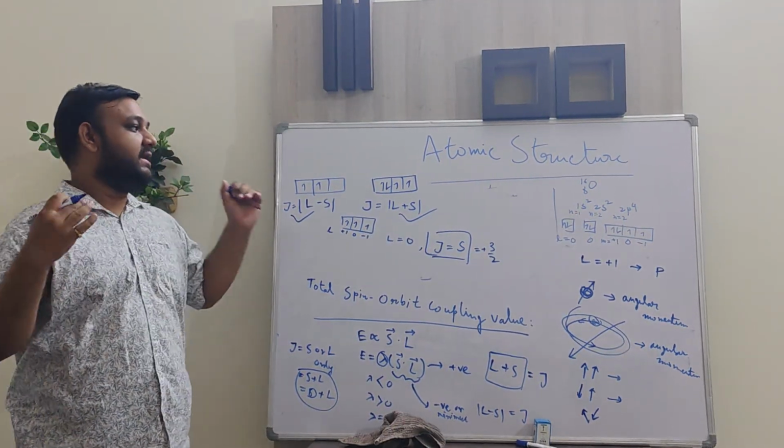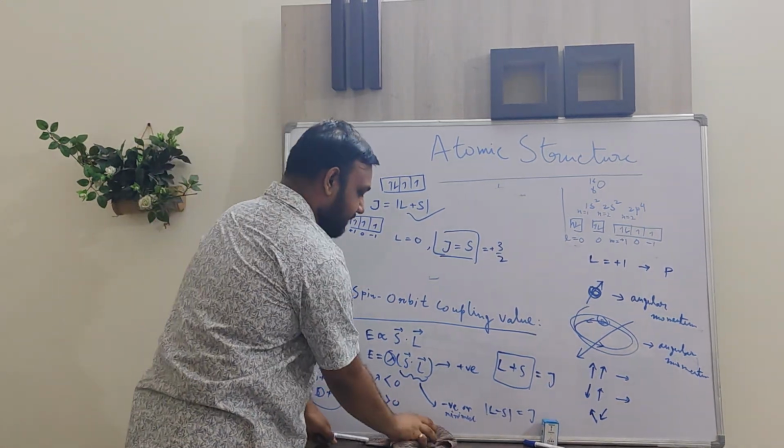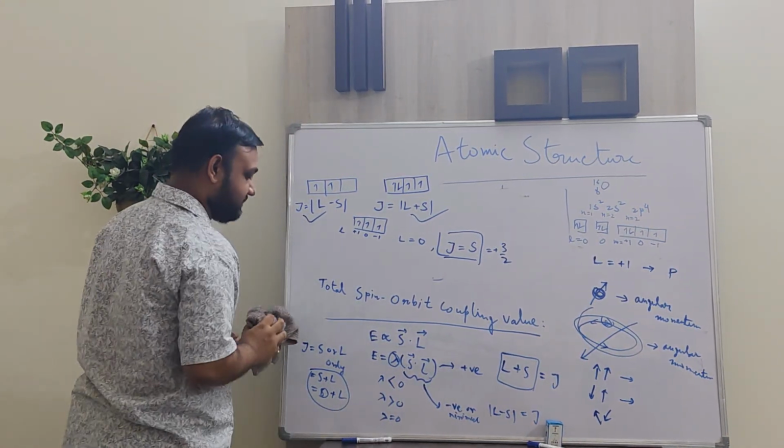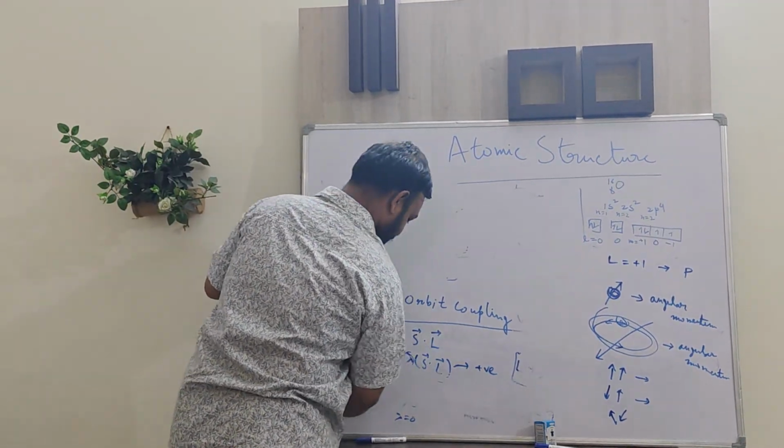So what is the summary of the total system? How to write a term symbol? Let's summarize every single thing we have discussed so far.